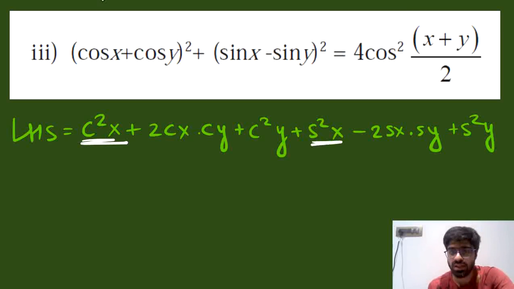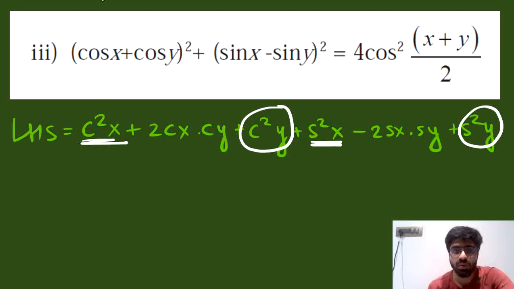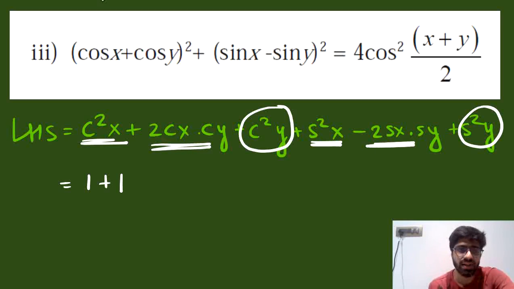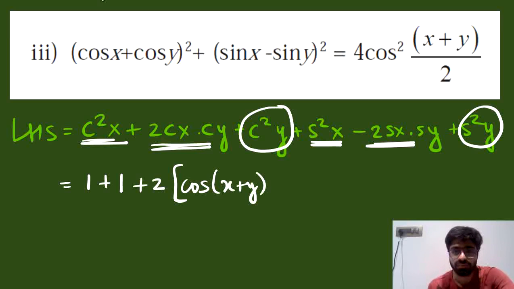Cos square x plus sin square x will be 1. Cos square y plus sin square y will also be equal to 1. So we are having a 1 plus 1. 2 cos x cos y minus 2 sin x sin y. That will give you plus 2, and in the bracket it will be cos x cos y minus sin x sin y, which is basically the expansion of cos of x plus y.